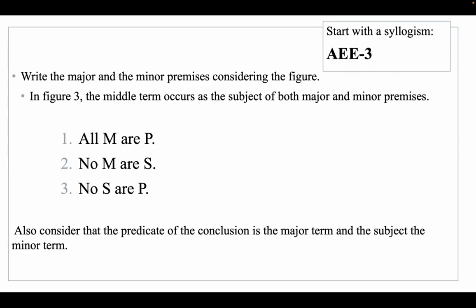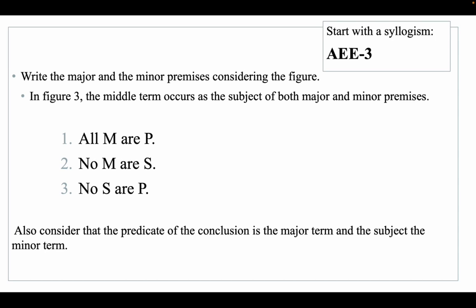Now, let's start with the syllogism AEE-3. So first of all, we start by writing out the syllogism. Since this is an AEE-3, what you want to do is to consider the premises and the figure of the syllogism, which is number 3.